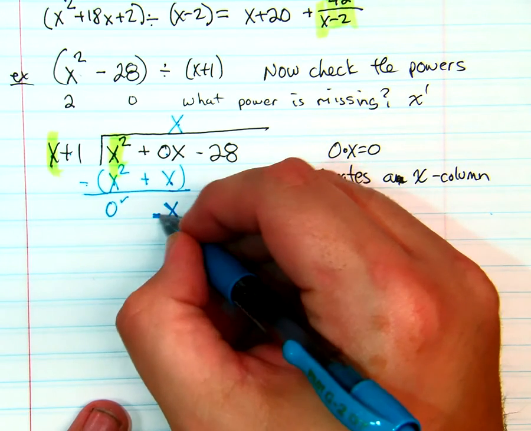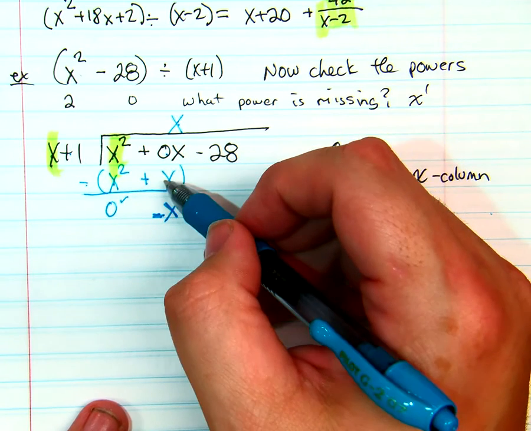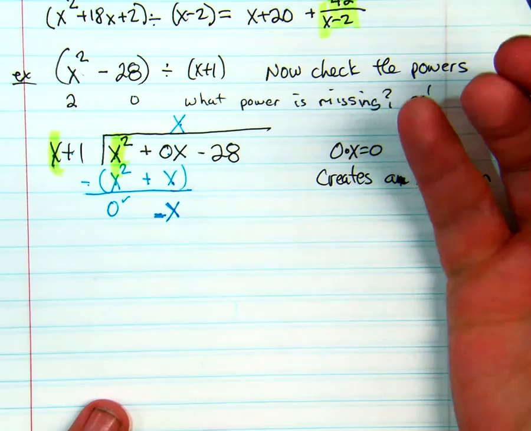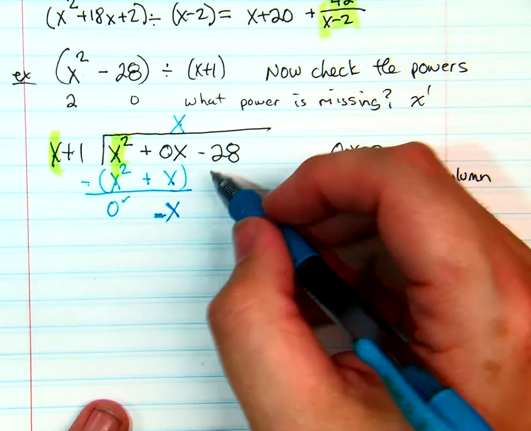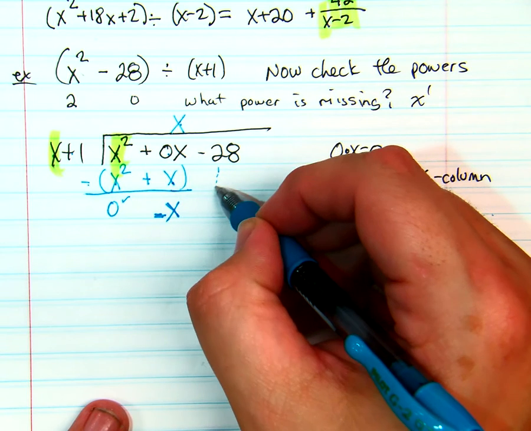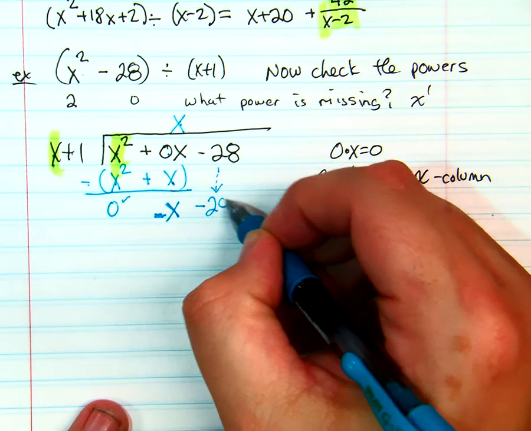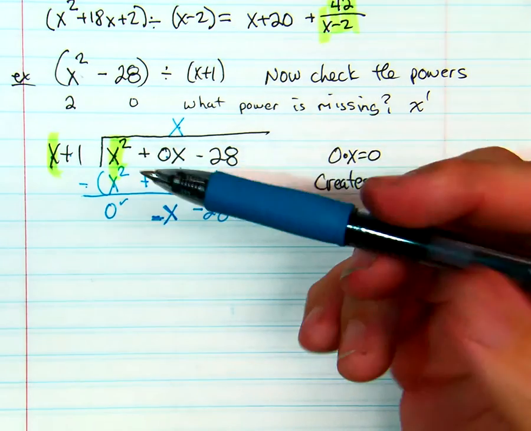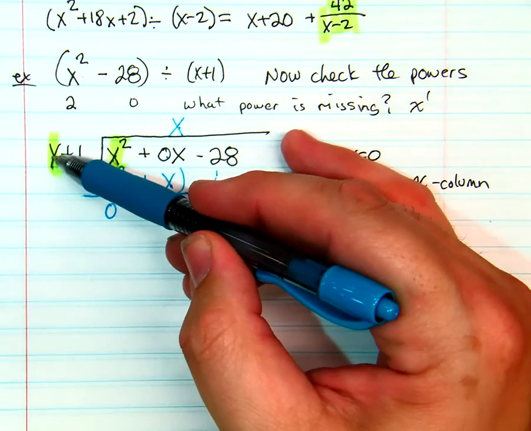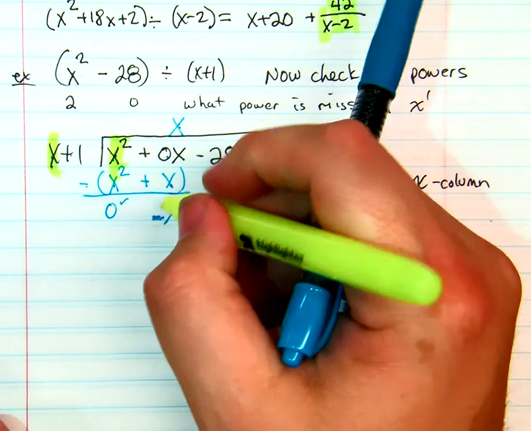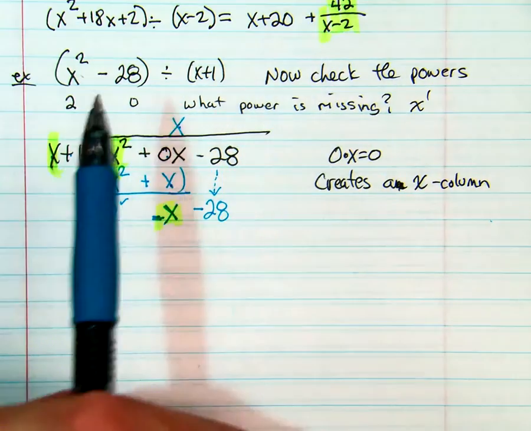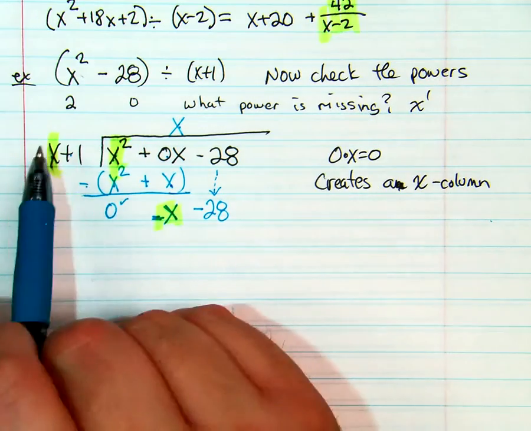If you have no money and then you borrow $1, you owe somebody $1. And now what do we do with that? Bring down the negative 28. Now my question is, what do I have to multiply x by? Because this is my new item that I key off of. I'm keying off the negative x. X times what equals negative x?